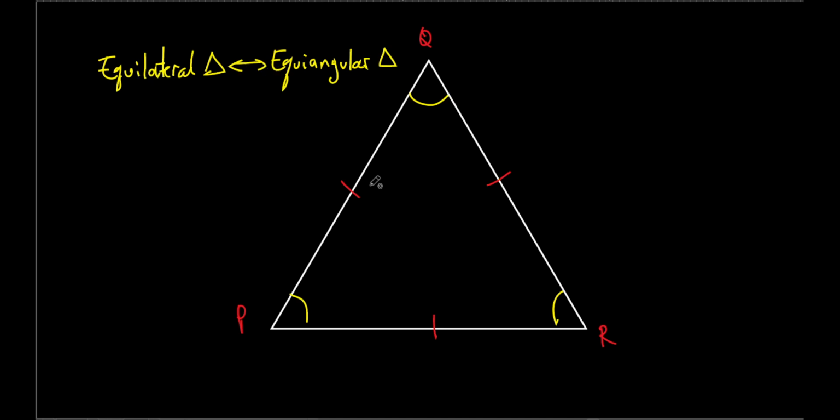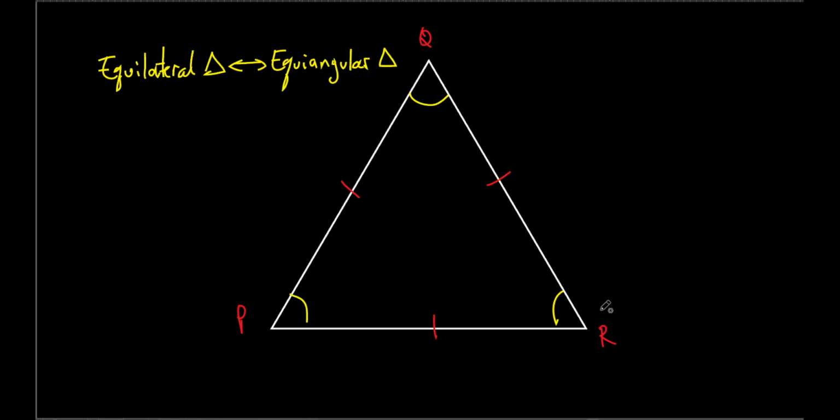So if it's equilateral, if all the sides are equal, what's true about all the angles? They're all equal. What if they told you all the angles were equal? What could you say about all the sides? Then all the sides are equal to each other as well. Okay? It goes both ways. So if they told you that all three sides are equal, I know that angles P, Q, and R are equal. Okay?